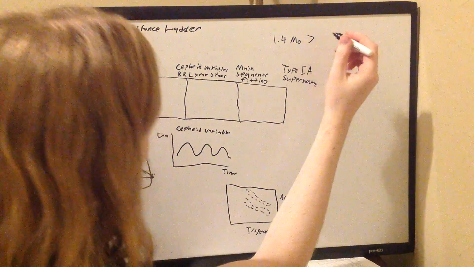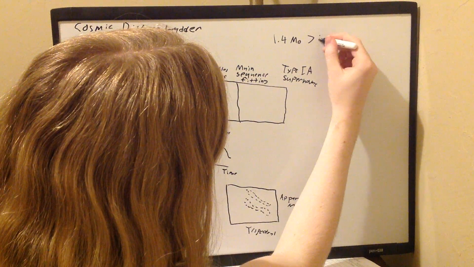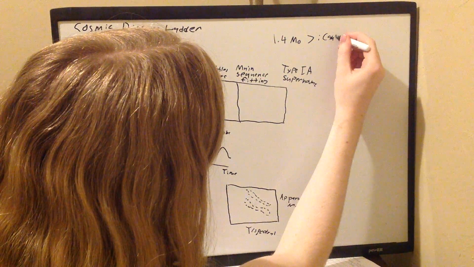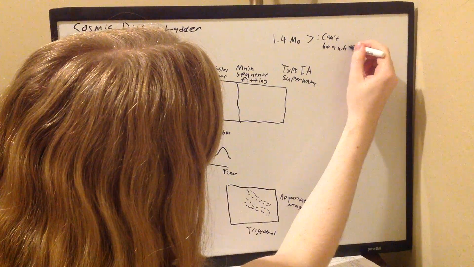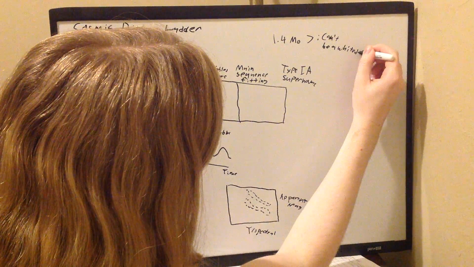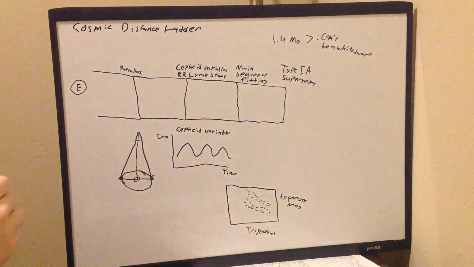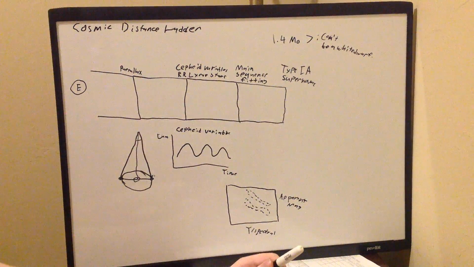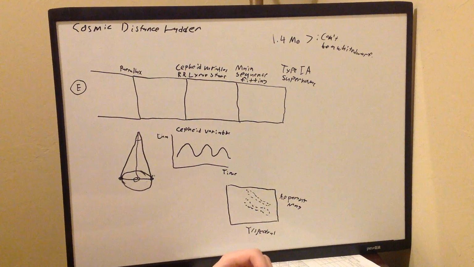If a star is greater than 1.4 solar masses, it can't become a white dwarf. Instead, it will go supernova and become either a neutron star or a black hole, depending on how massive it is. So, that's kind of a nice thing to know.